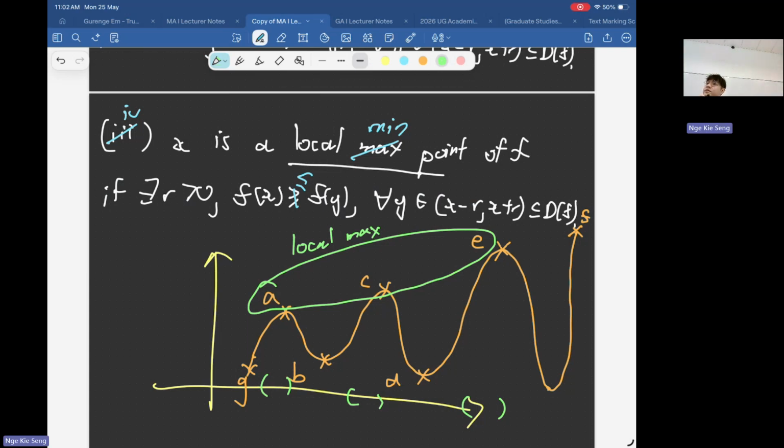Can F be a local max or not? Sometimes it depends on how we treat this endpoint.